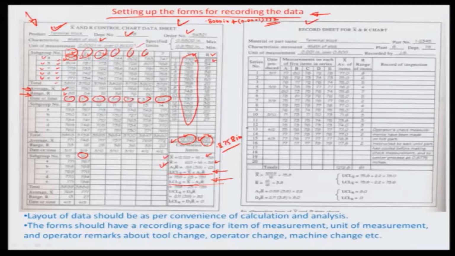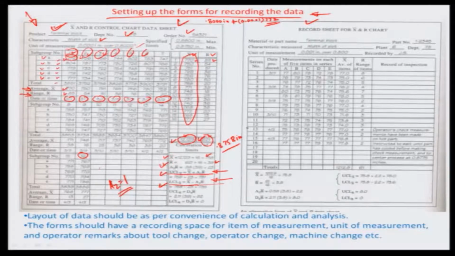It is very clear from these expressions that the UCLX bar and the LCLX bar are corresponding to a subgroup size of 5. The A2 value is actually 1, okay, and that is given in the Shewhart's table. I am going to share that table later on.